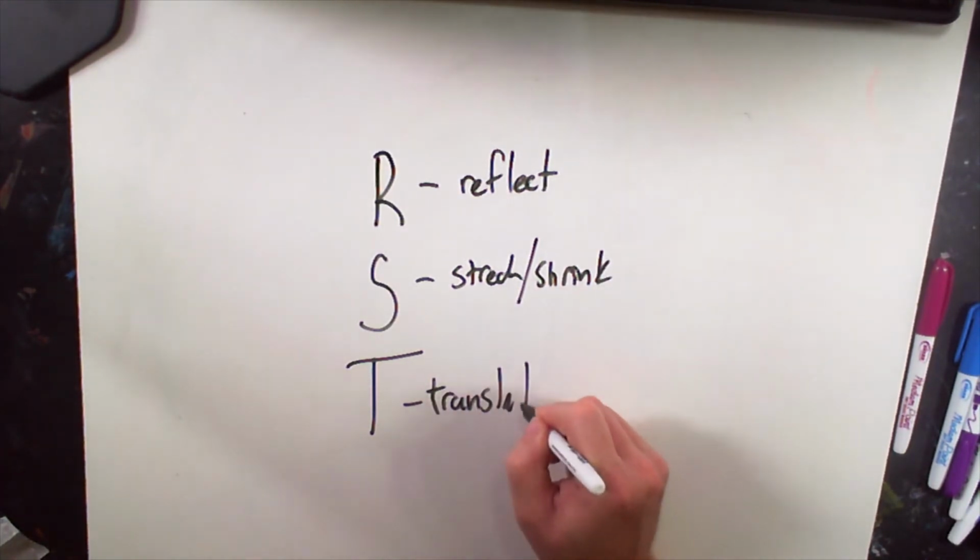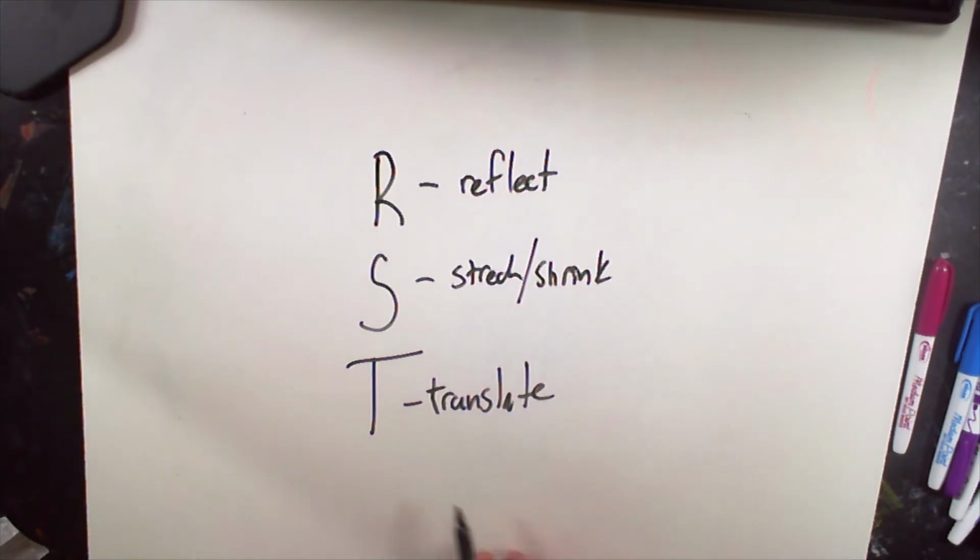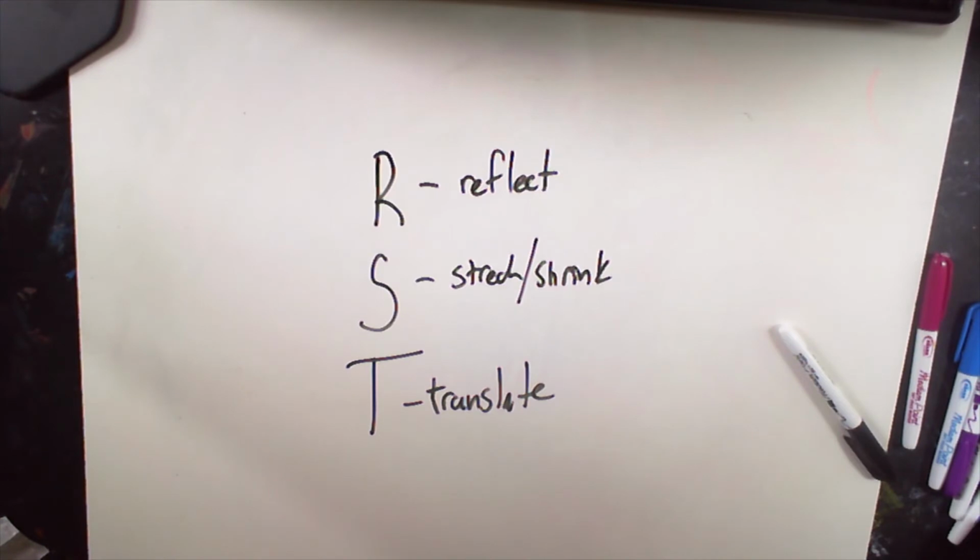And remember when we did that shifting at the end, I said, let's call it translate so that we can use that T. So reflect, stretch and shrink, and then translate. That is the order that you do things when we are working with multiple transformations in the same problem. And we'll look at some examples as far as what I mean by that.